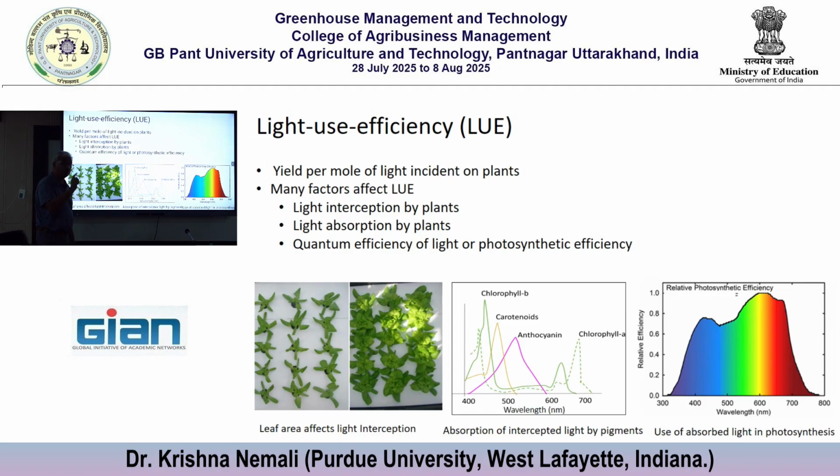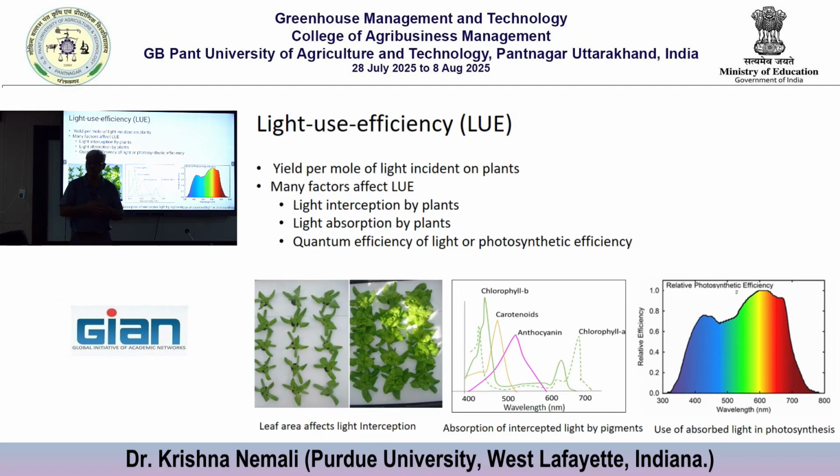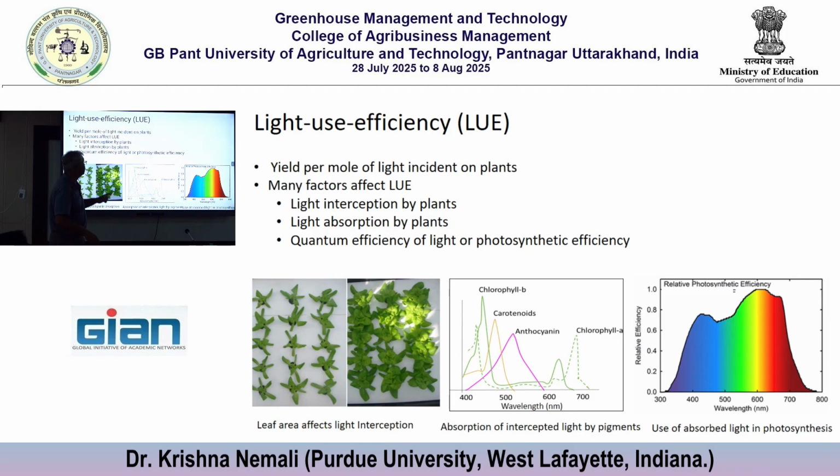But then after photon efficiency, if you want to really use the light in the most efficient way, there is another term called light use efficiency. Okay? And I want to explain that using these three graphs. The first one is, again, keep in mind why we are interested in this, because you are adding light, and for that light you paid for the light, fixed cost, and you are paying every month electricity cost.